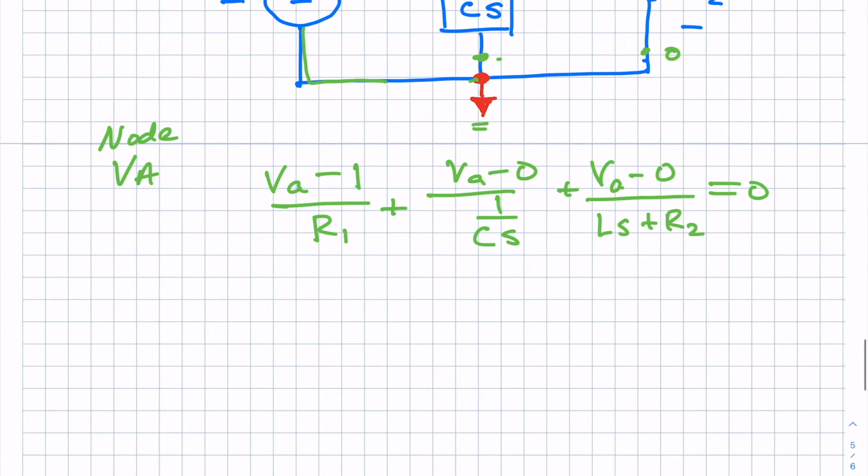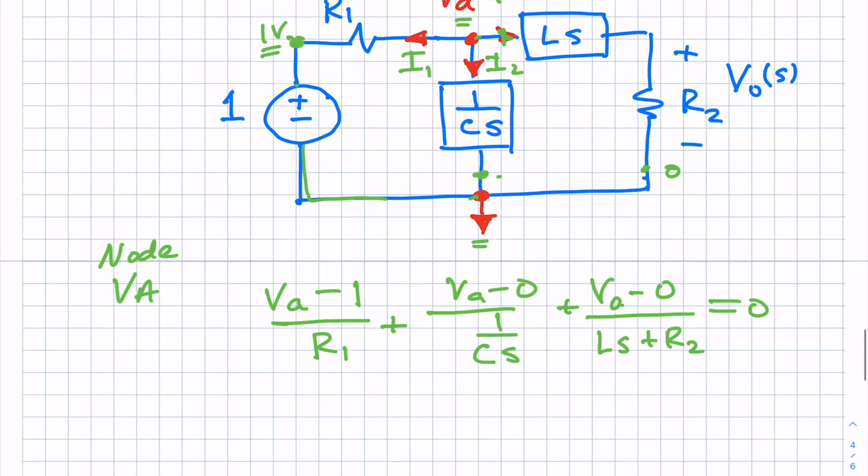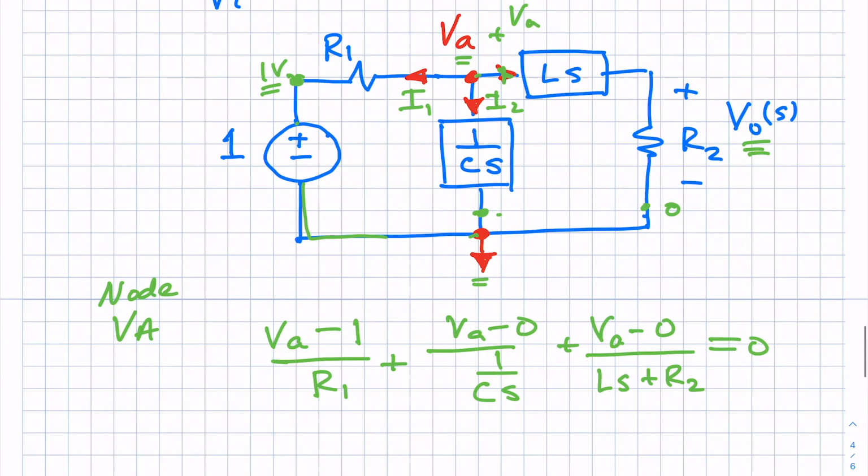So there's the equation for VA, and then I just need to relate VA back to Vout. I can do that because I can easily calculate this current, which I called I2 here.